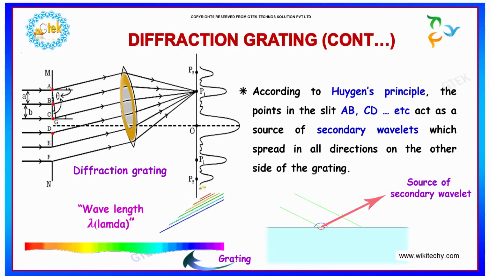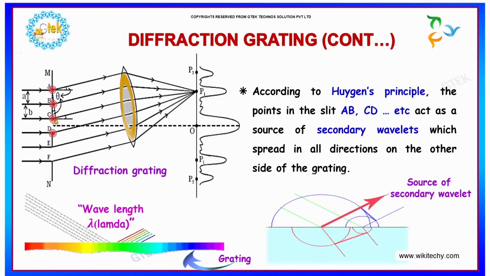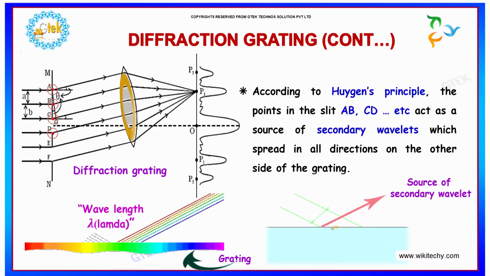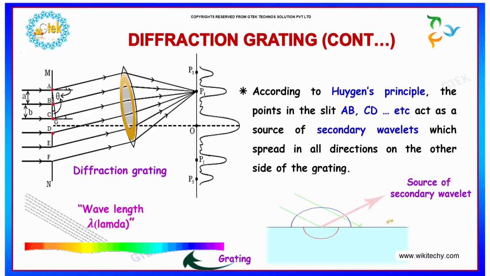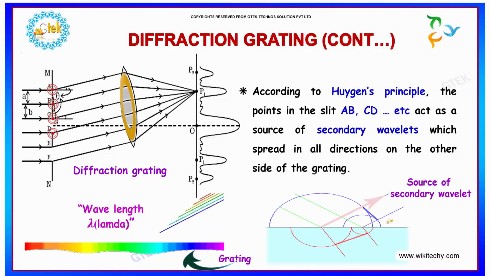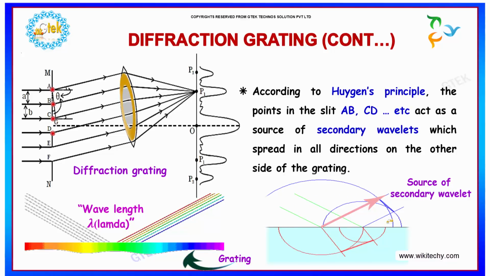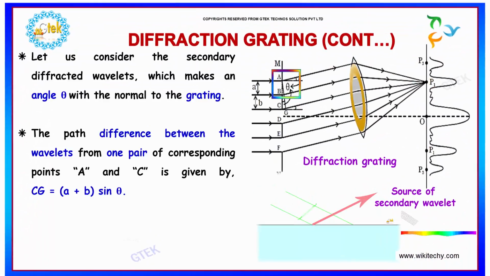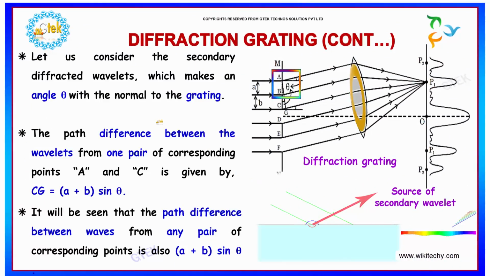According to Huygens principle, the points in the slits AB, CD, etc. act as sources of secondary wavelets which spread in all directions on the other side of the grating. Let us consider the secondary diffracted wavelets which make an angle theta.